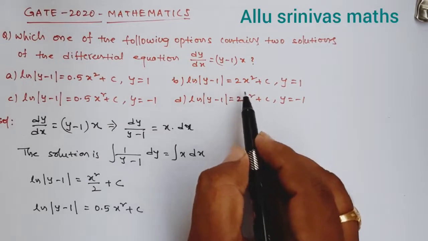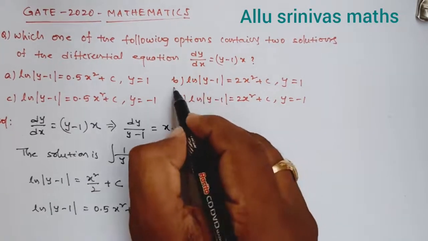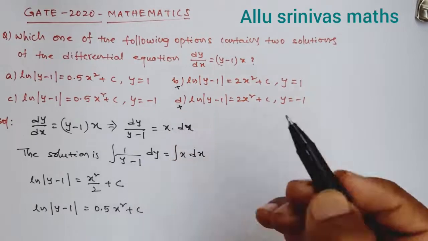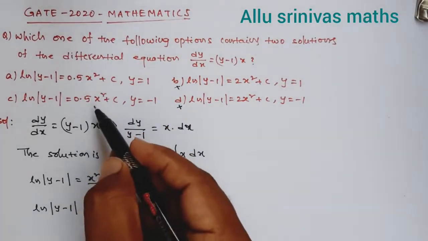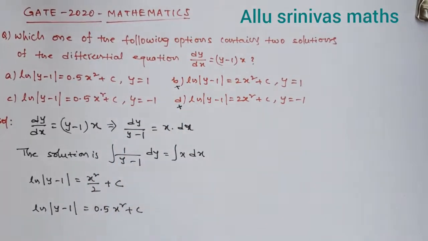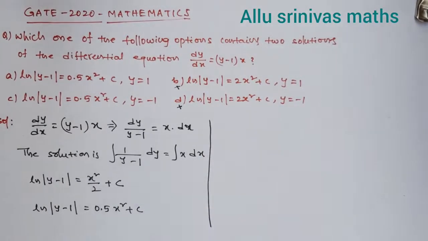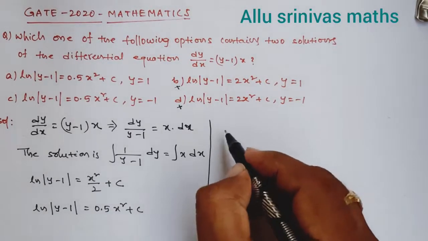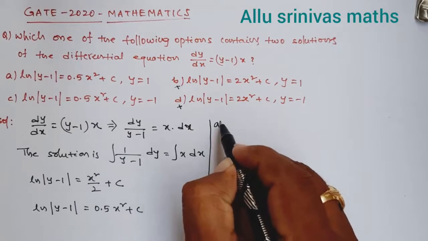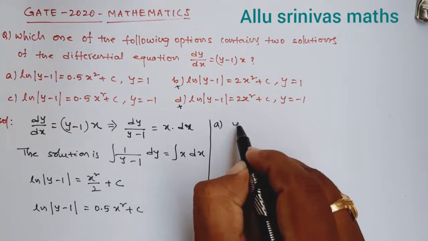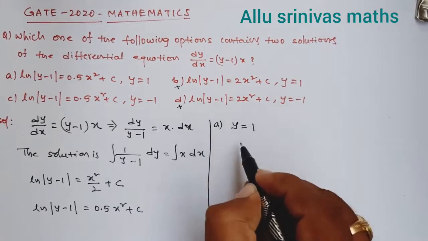Option B and option D are wrong, they do not satisfy. So option A and C, which one is correct? Next we take the second solution in the options. In option A, the second solution is y = 1.